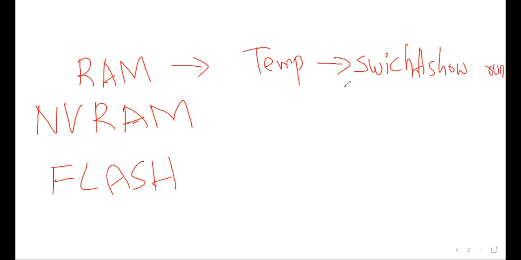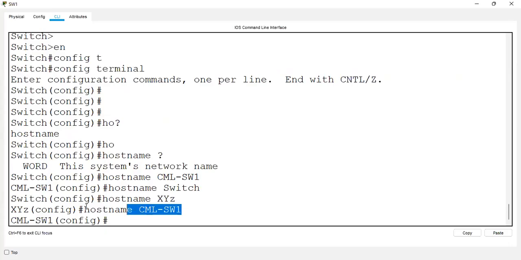The show run command shows the content in the RAM, the running configuration; whatever current ongoing commands are available can be seen from the running configuration. Let's see how we can see this. So now we changed the host name, and I use the show run command.